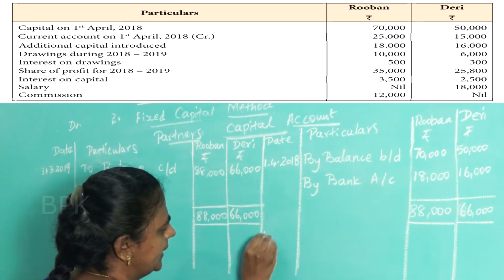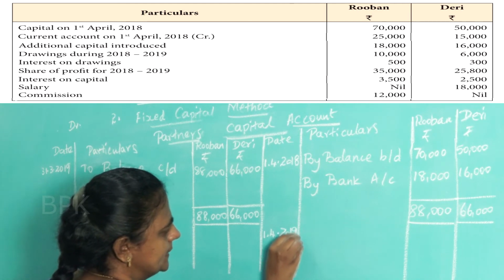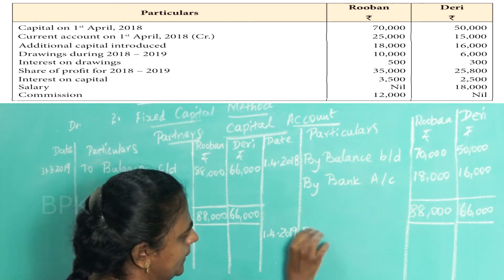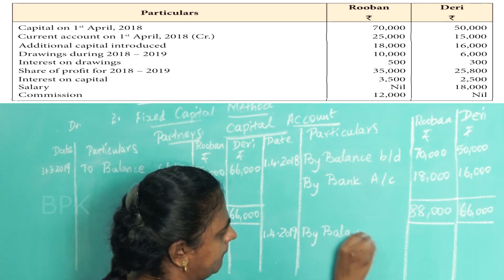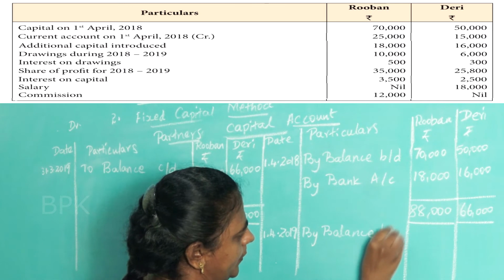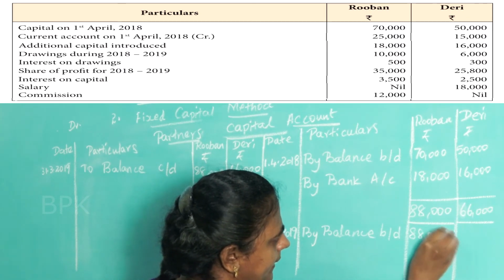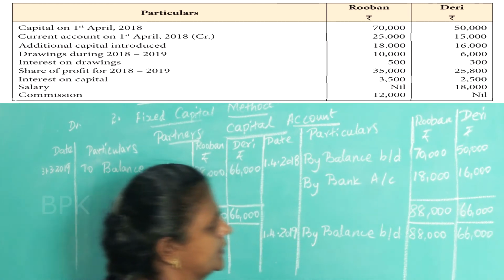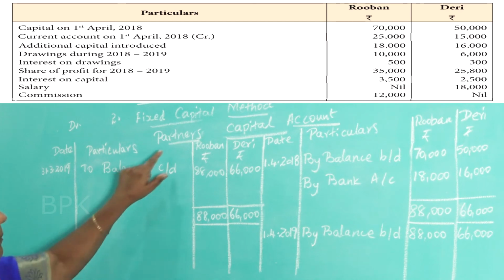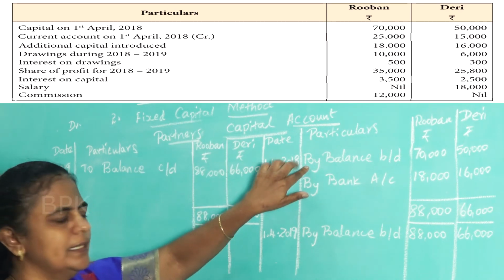So here what is the date? 1/4, again it is 2019. So by balance brought down 88,000, 66,000. Okay. So in partners capital account, what you have to do? First bring down the capital.